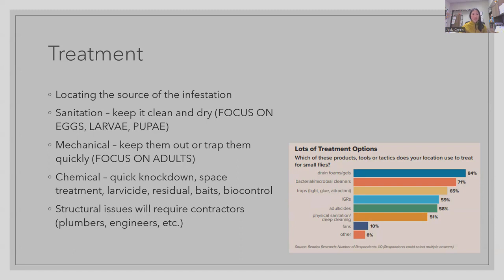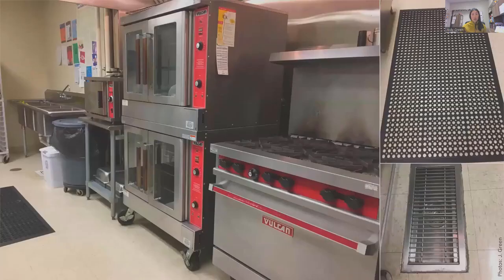And again, sometimes you're going to have structural issues, which are going to require more than just a PMP, contractors, plumbers, etc. Sanitation, we cannot stress enough when it comes to small flies. There are so many microhabitats. So, really up that sanitation game, that master sanitation schedule during heavy high times like summer, patio doors, things like that.